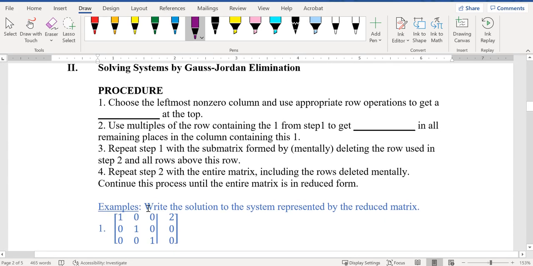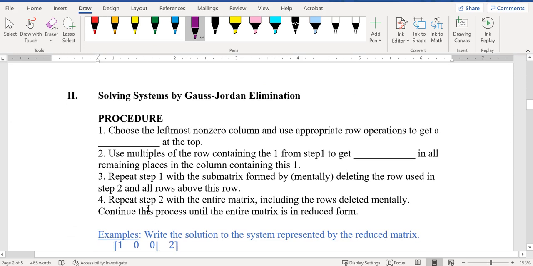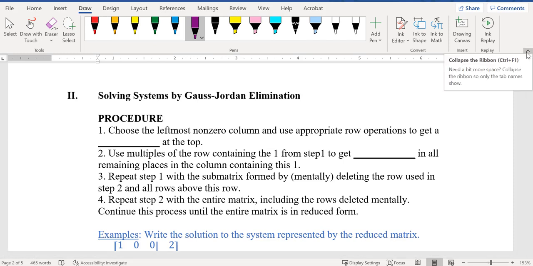All right. Solving systems by Gauss-Jordan elimination. The procedure. You're going to choose the leftmost non-zero column and use appropriate row operations to get a 1 at the top. You want a 1 at the top.